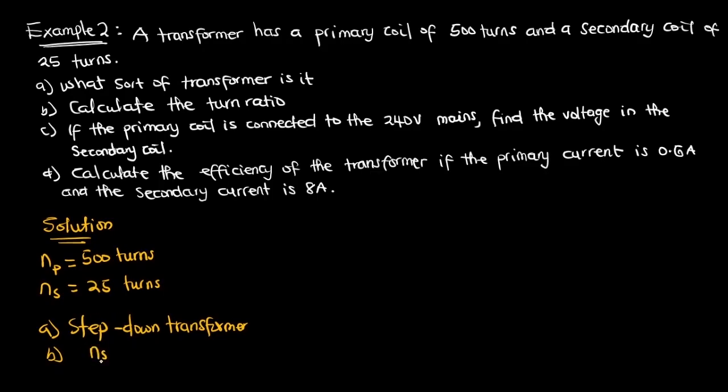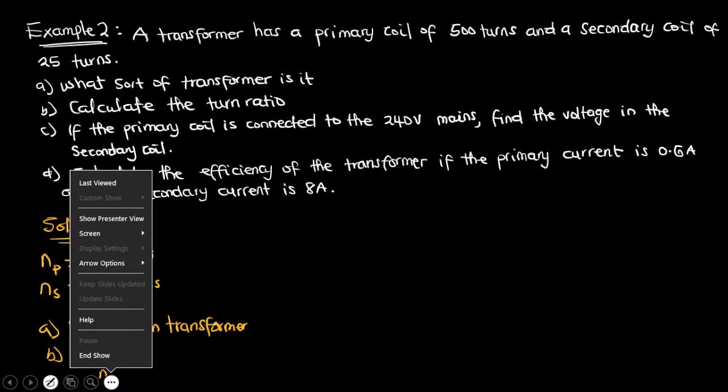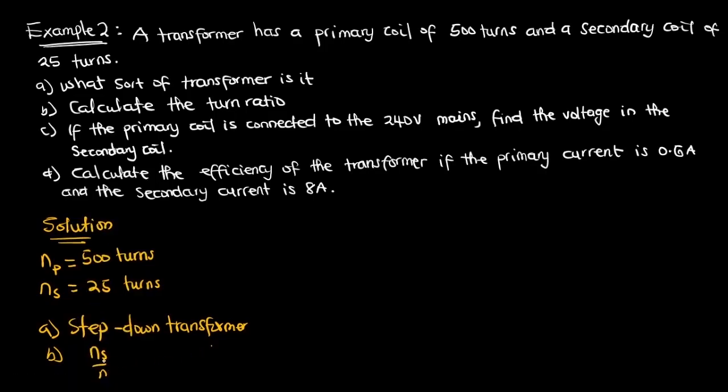So B is either NP over NS or NS over NP, depending on how you want to do it. I'll use this: NP is 500, NS is 25. Let me clear that.